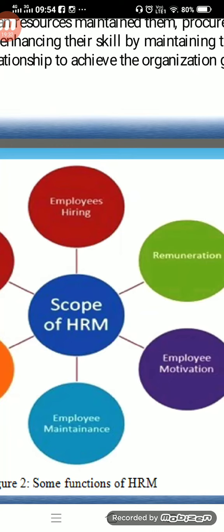Why? Because motivated employees are there, and it is the responsibility of the HR department to keep them motivated in the organization, and motivated employees can perform higher than unmotivated employees. So how to motivate them, because motivation is necessary for every person in the organization. If there is no motivation, then there is no good performance.